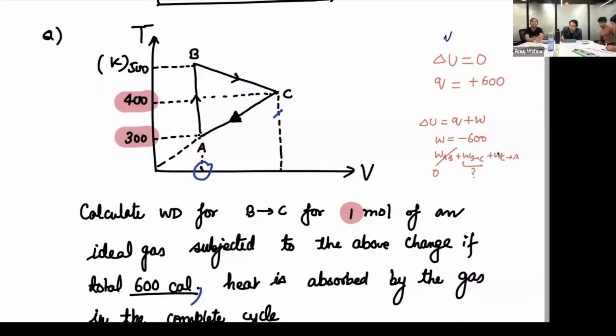B to C I need. C to A I have to find. How can I get WCA? It's an isobaric process. How do you know it is isobaric? Because it passes through the origin and V is proportional to T. In an isobaric process, the work done is P delta V, and P delta V is nR delta T, because PV is nRT.